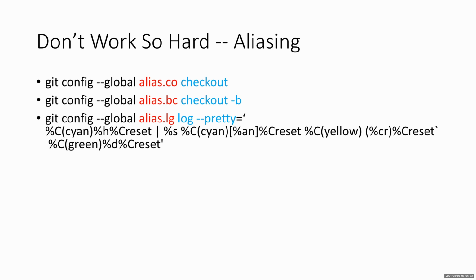The way this works is to manipulate the line using colors. So %C means begin a color, then in parens the color you want to use, and then whatever you're going to put between the color, which here is a short hash, and these shorthand tags are just something you look up, and then %C reset, which ends the color. Then we're going to have a vertical bar and so forth.